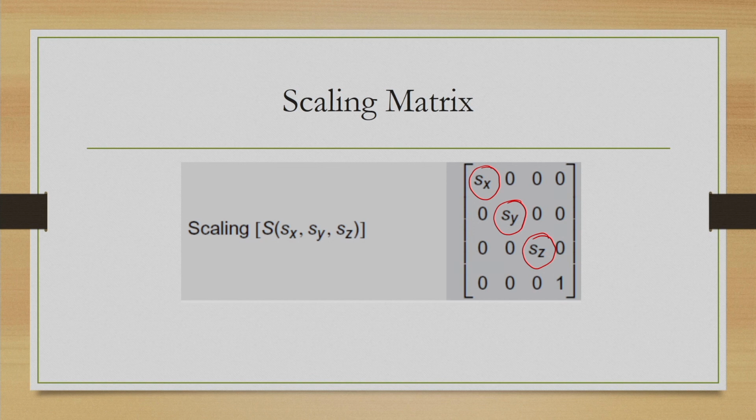So, if we do not want scaling along say y direction, then we will set Sy equal to 1. And if you may recollect, scaling factor less than 1 means in that particular direction we want to reduce the size, and scaling factor greater than 1 means in that particular direction we want to increase the size. So, scaling is related to size, shearing is related to shape, translation and rotation is related to position.